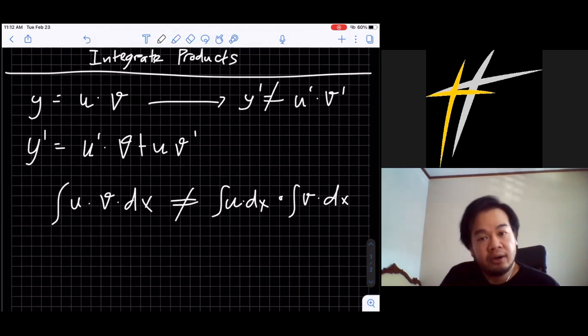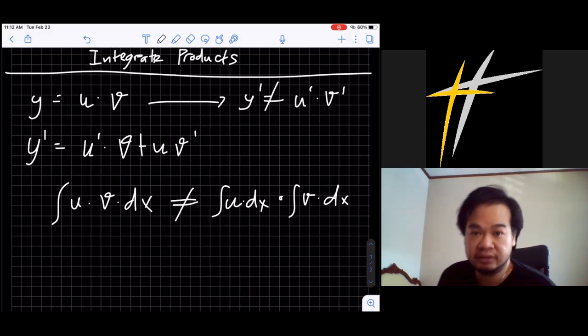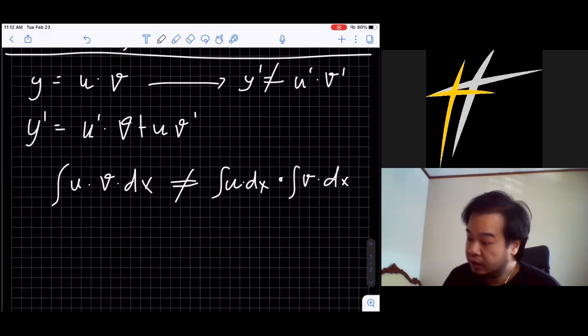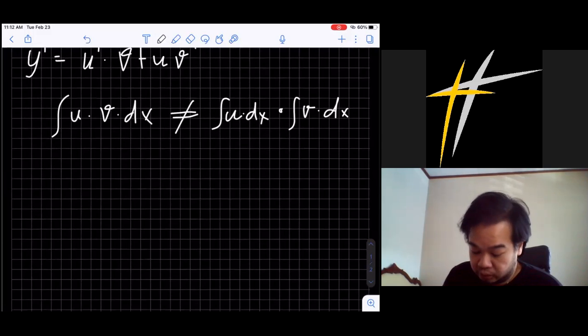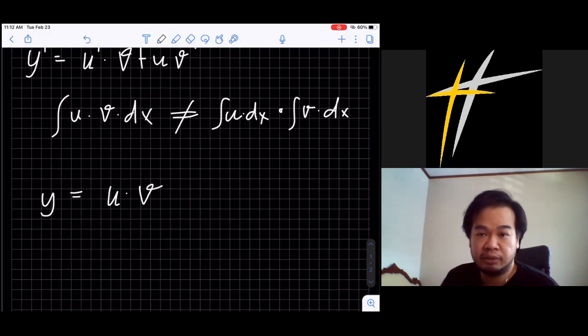So now I'm gonna teach you the method that is called integration by parts, a way to integrate a product of two functions. And basically, again, this is a reverse process of differentiation of a product of two functions. Okay. So again, let's start with y equals u times v, where u and v are functions in terms of x.